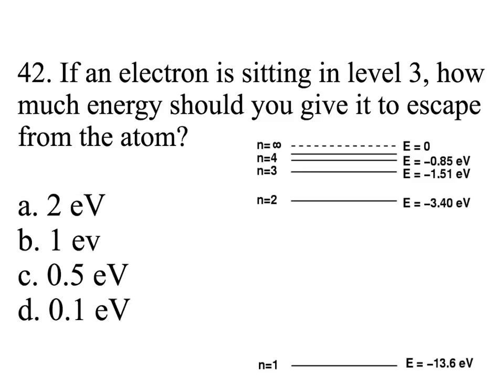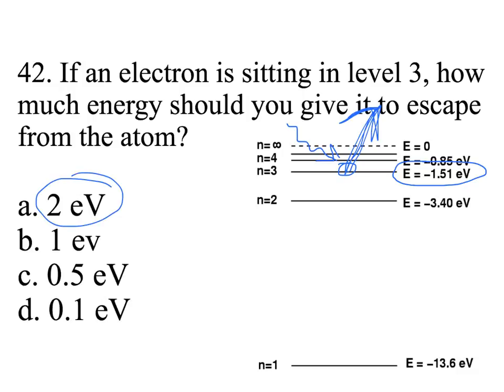If an electron is sitting in energy level 3 and a photon comes in and hits it and knocks it loose, how much energy does that photon need to have? So we can come over here and look at energy level 3 and see that it's at negative 1.51 electron volts, so it needs to be more than the negative 1.51.